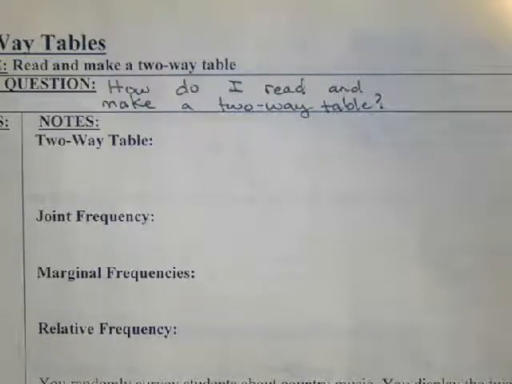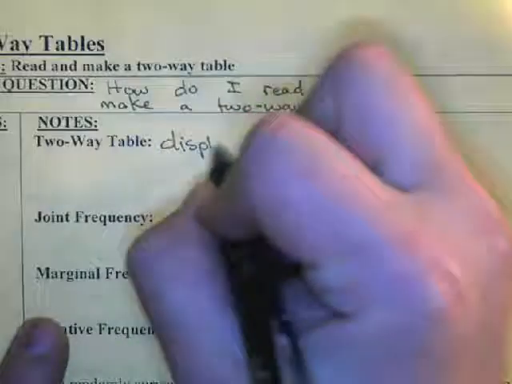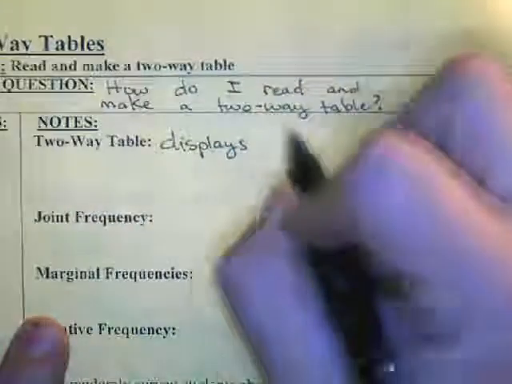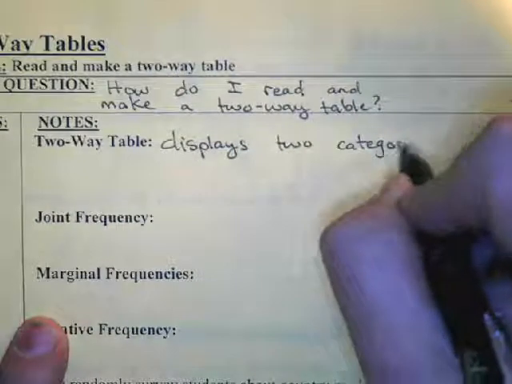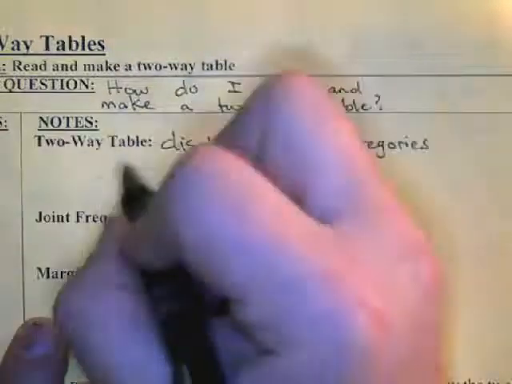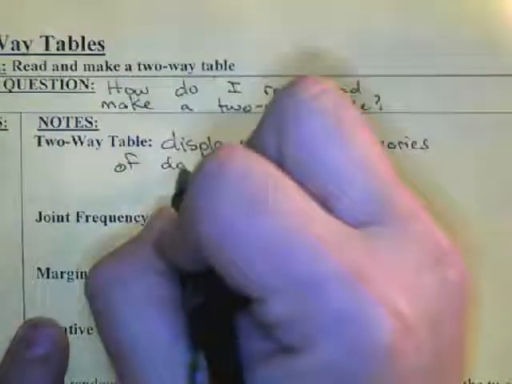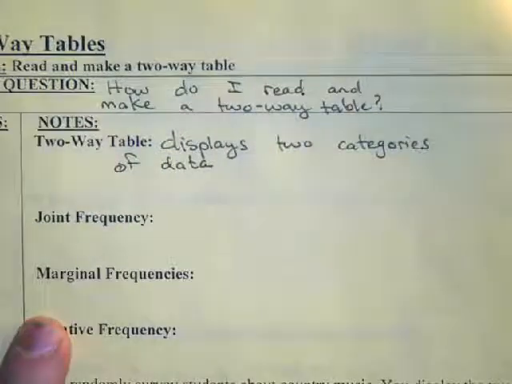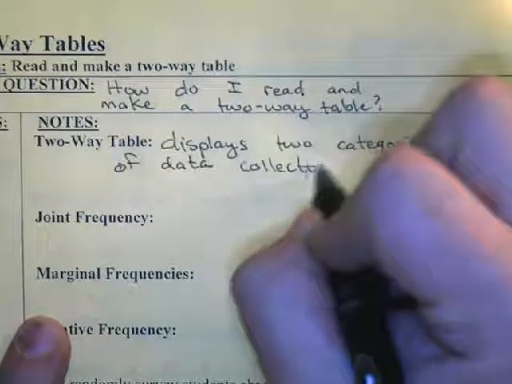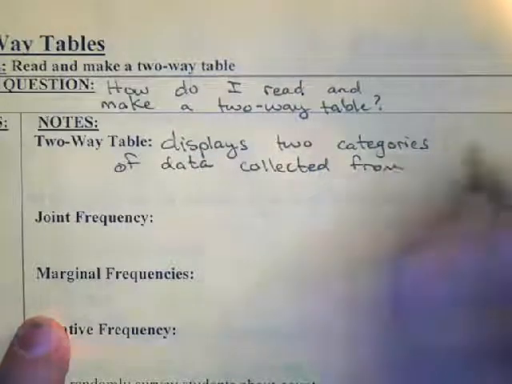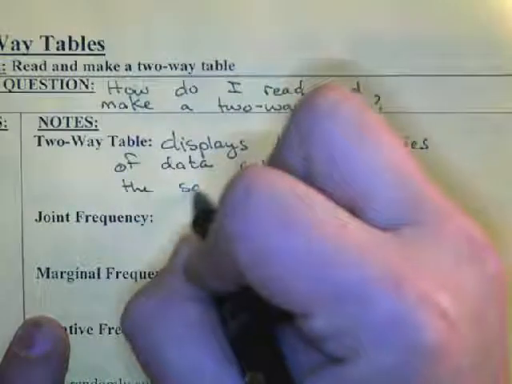So a two-way table to begin with is a table that displays two categories of data collected from the same source.